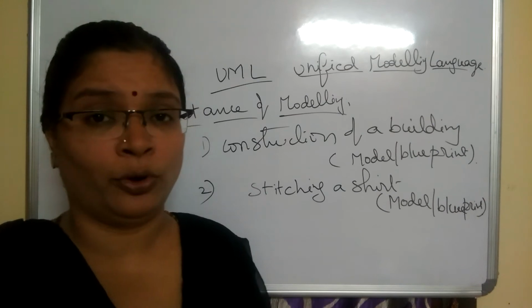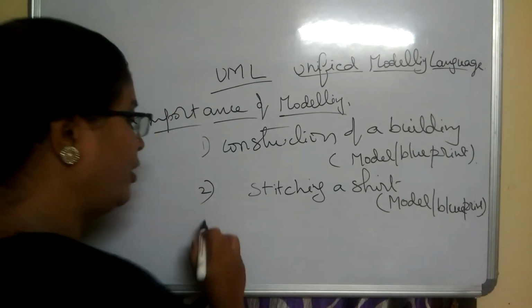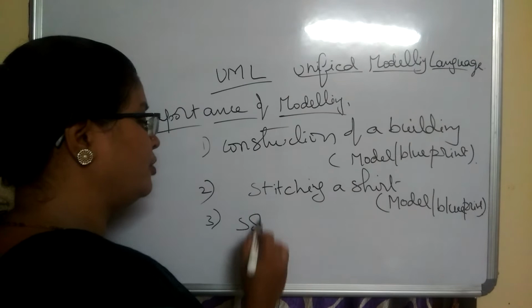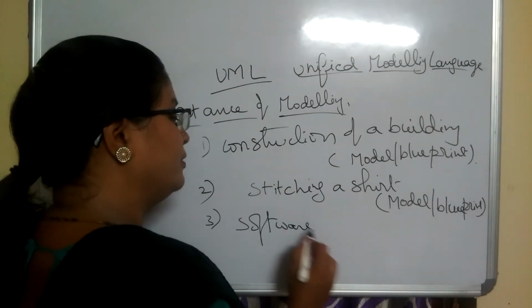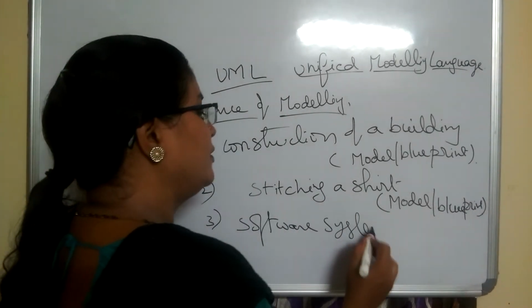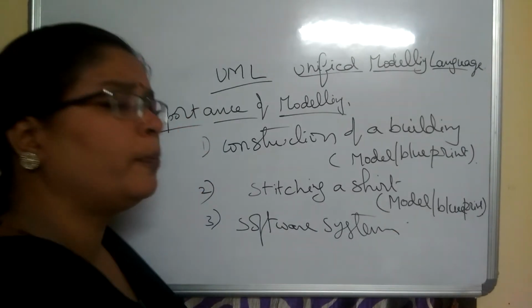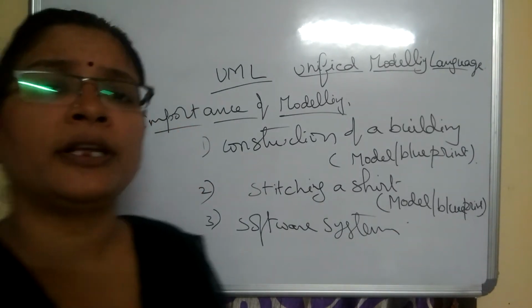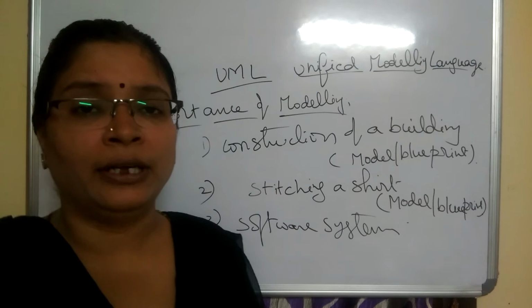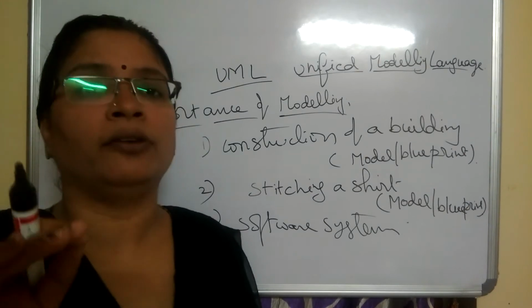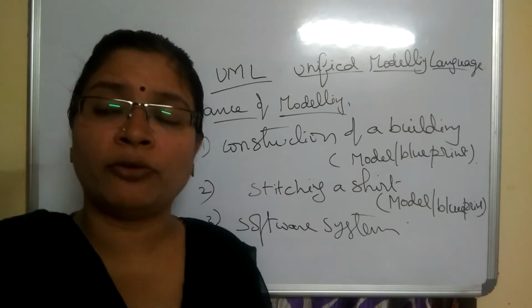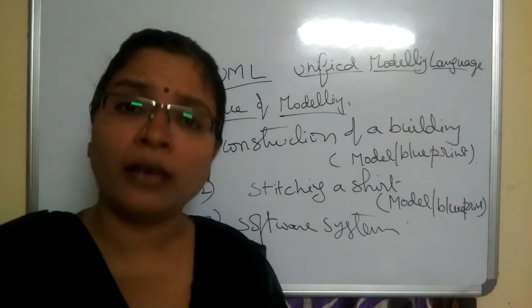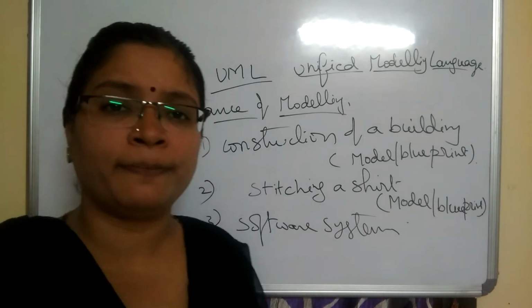So starting from stitching a shirt onwards, to constructing a large building, the model is very important and plays a vital role. In the same manner, while you are constructing a software system, the model is important. Unless there is a model or blueprint, you cannot construct anything in the world. From stitching onwards, construction of buildings, software systems, business systems, large information systems, the model is mandatory.